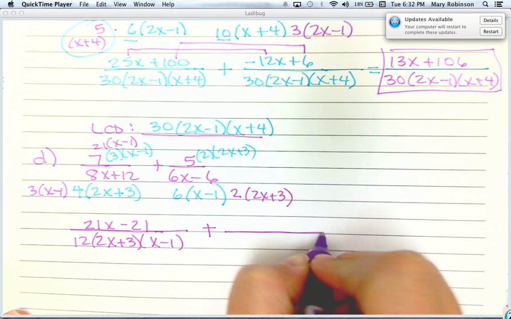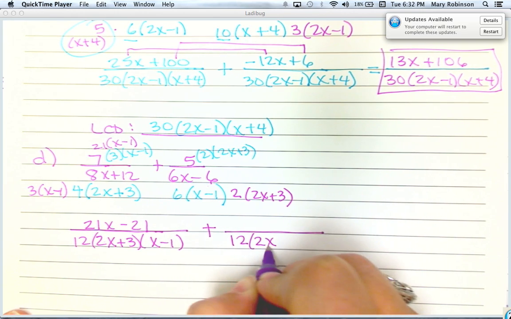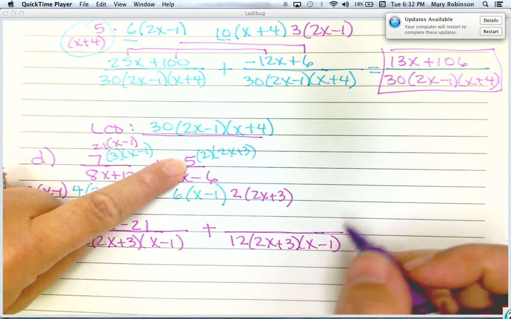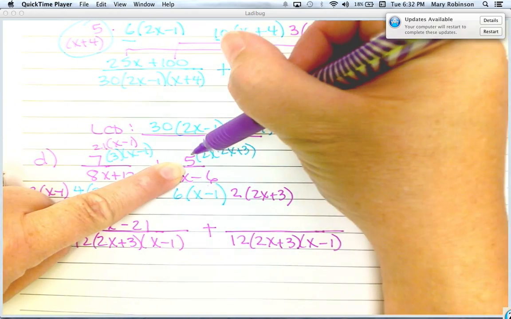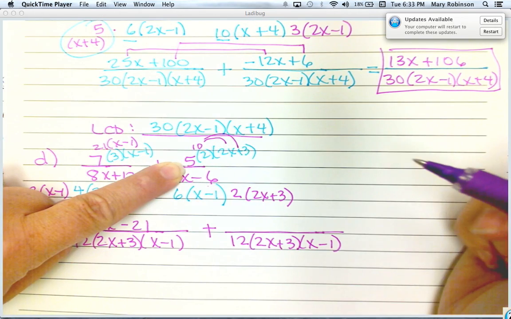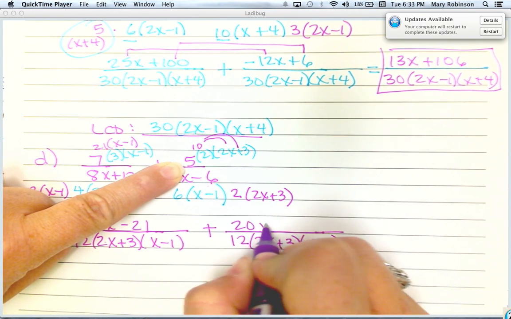And I'm going to add with this common denominator now a numerator of what I get when I distribute here. Well, 5 times 2 is 10. If I distribute that over this quantity, then I'm going to get 20x plus 30.